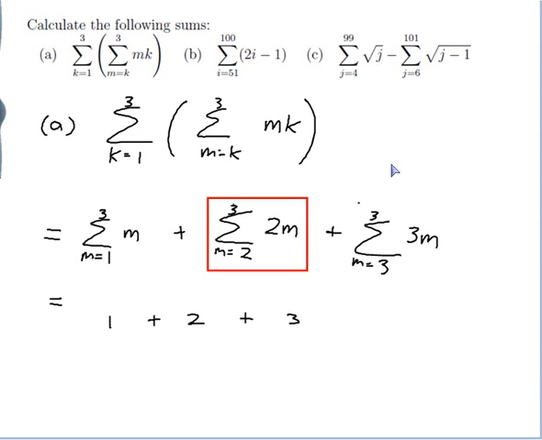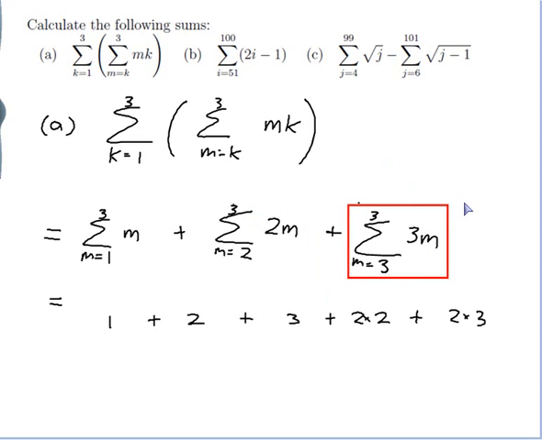The second sum is from m equals 2 to 3. So we have m equals 2, m equals 3. And the formula is 2m, so we'll have 2 times 2 and 2 times 3. Okay, so that's the second one.